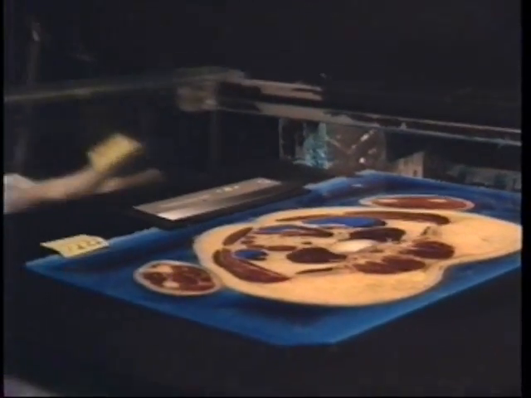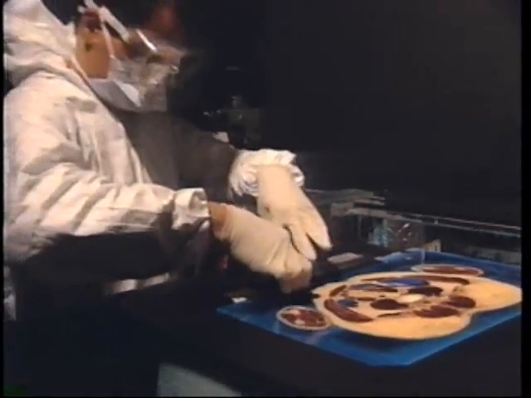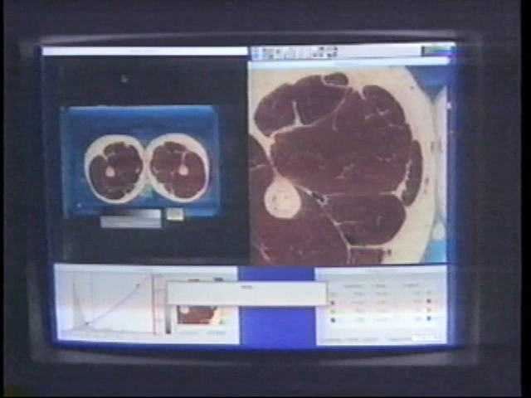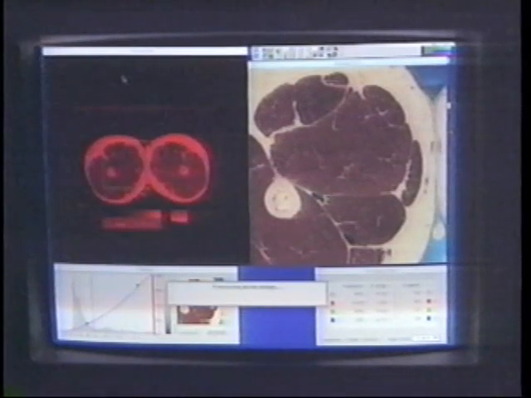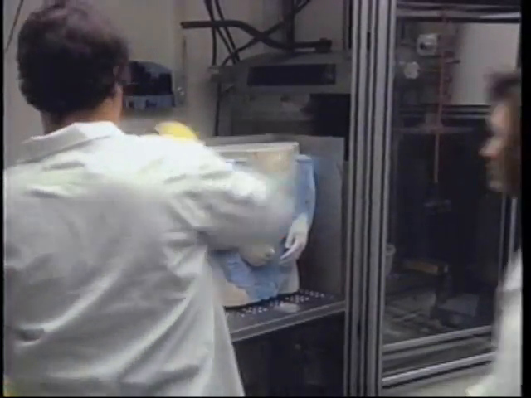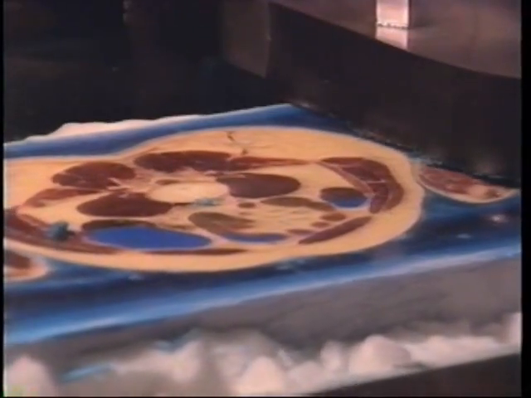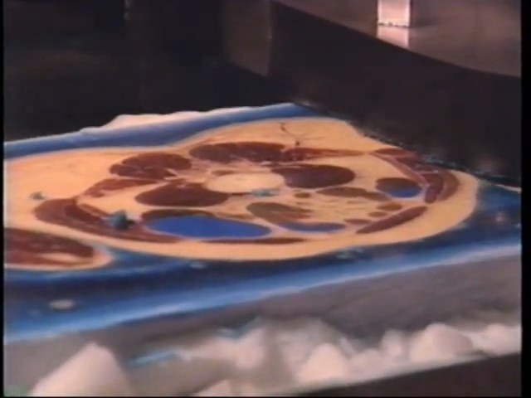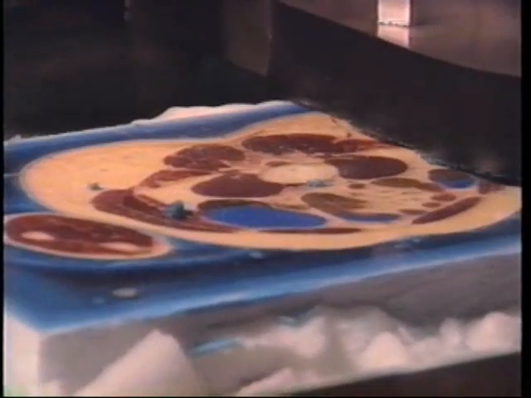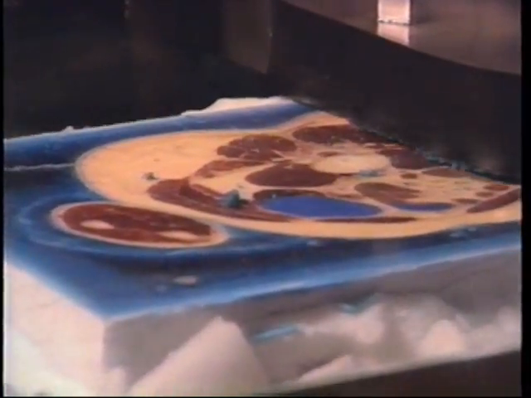They're the only people that can cut large specimens very accurately and store the cross-sectional images as high-resolution color photographs, which is our starting point. They were willing to work with us and cut the thoracic region, the chest, of a human male cadaver that we could use for the Virtual Anatomy project.